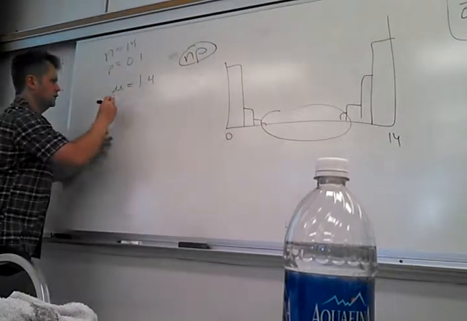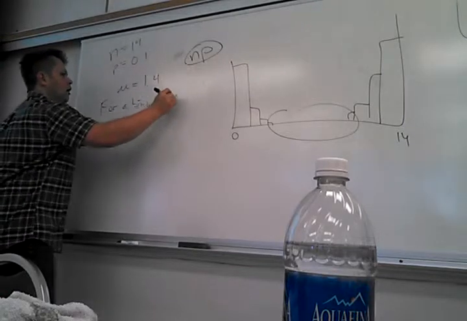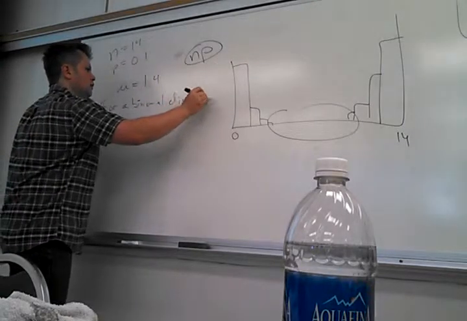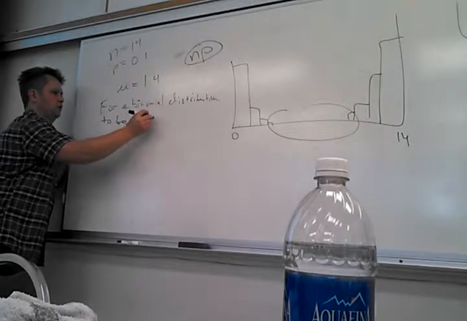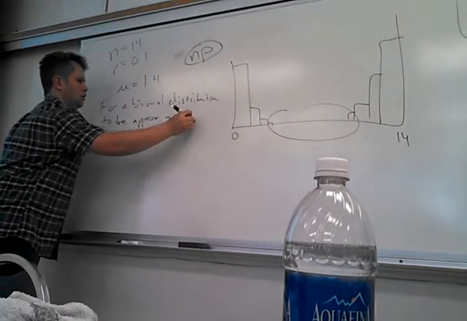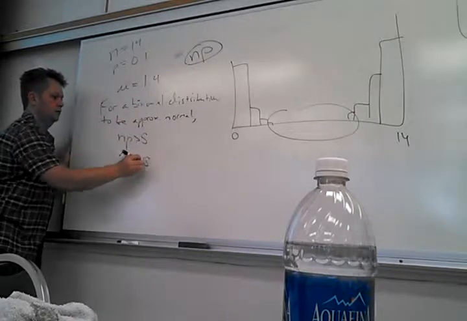So what happens here is for a binomial distribution to be approximately normal, NP and NQ have to both be bigger than 5.